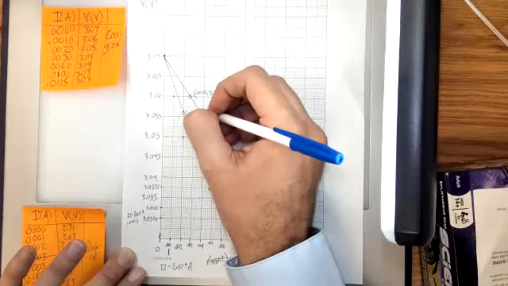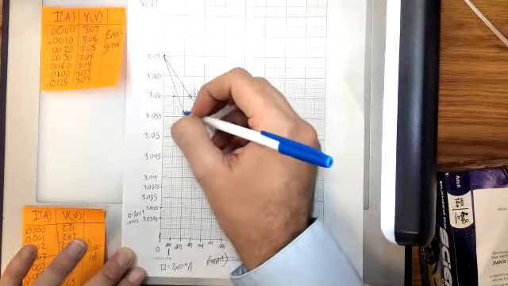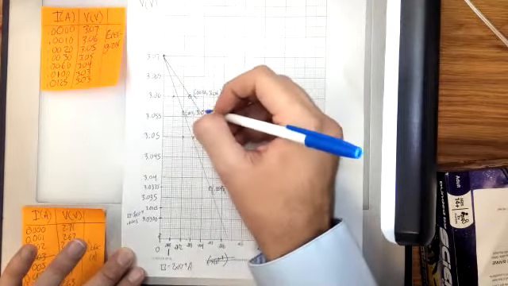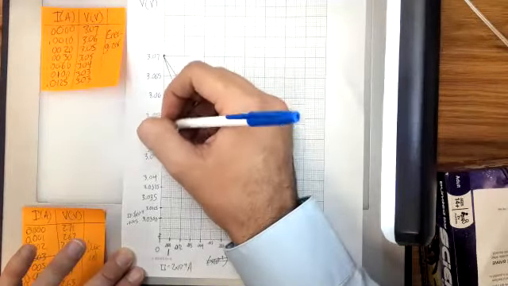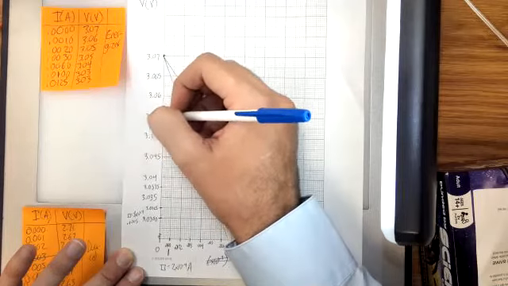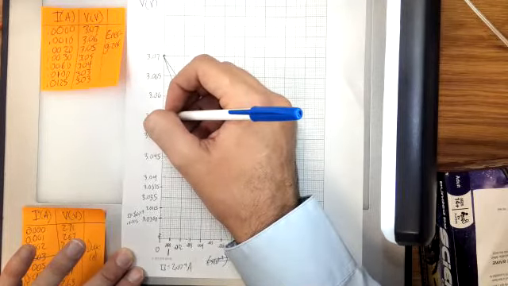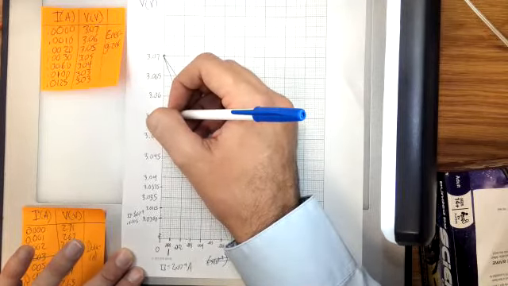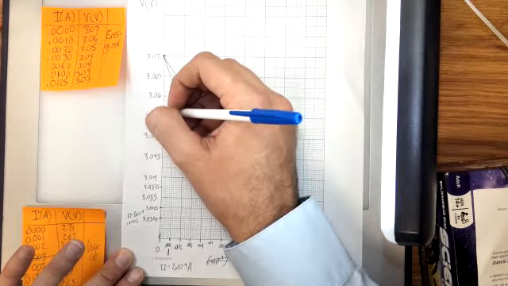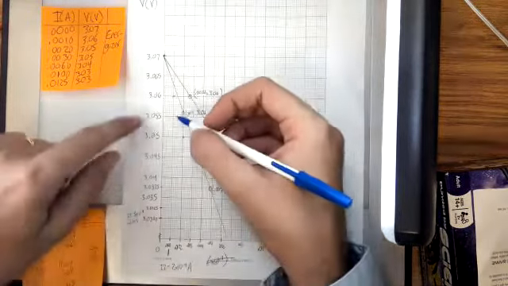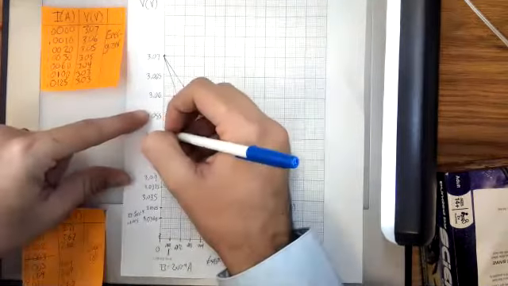Three point zero six, 0.5055, 555. This is where it gets confusing.